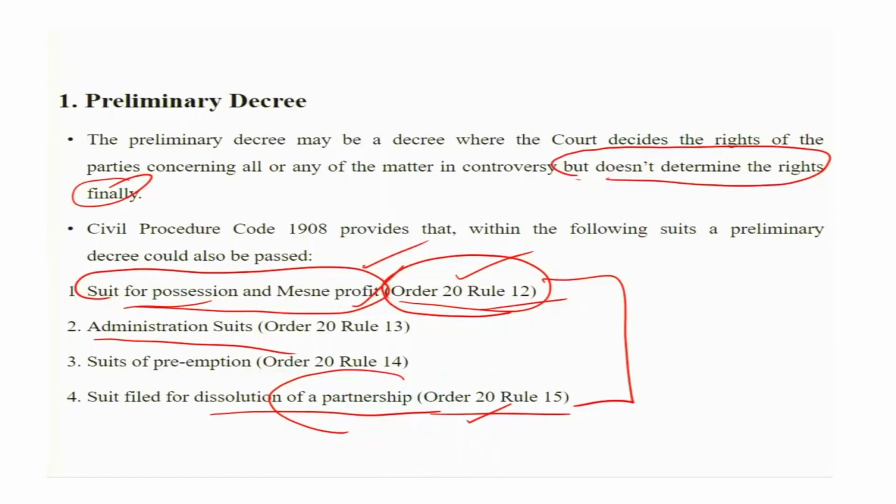And you should imagine this one: partnership, dissolution of partnership, administrative suit, suit for possession and mean profit, and preemption suits. So these are a few examples of preliminary decree, because they are not determining the rights and the court cannot decide, because a number of things are involved in the case, a number of decisions involved in the case.